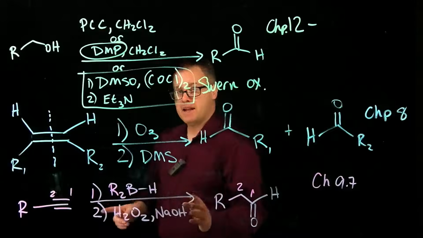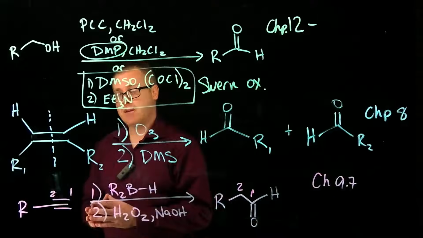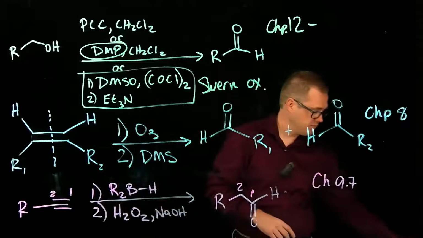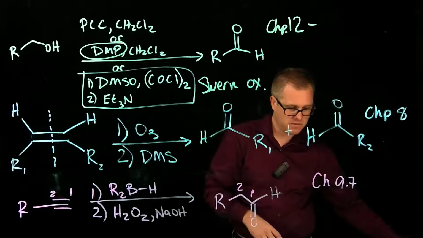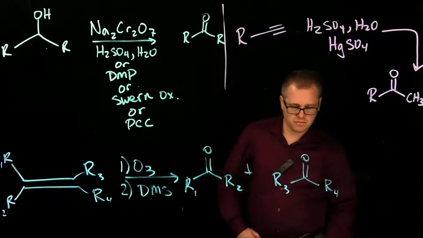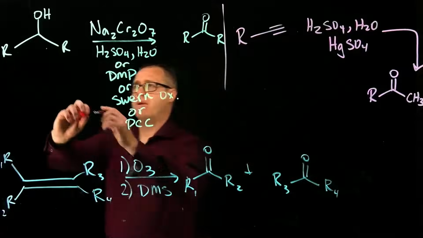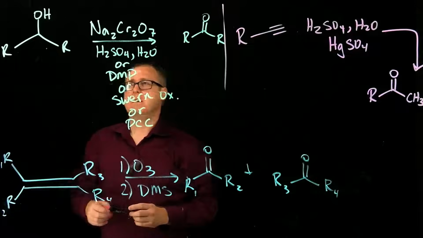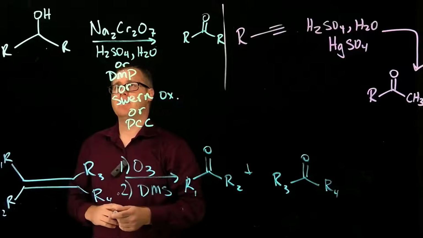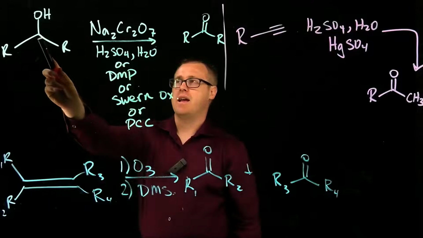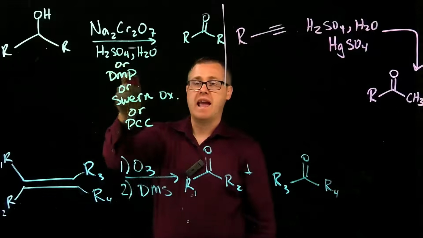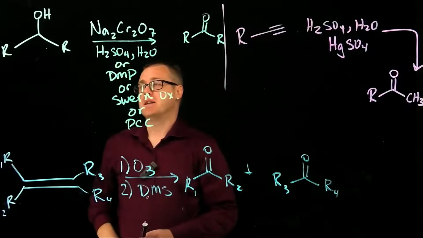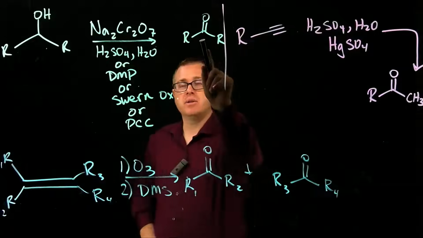So next, I'm going to show you ways that we've learned in Orgo 1 how to make ketones. So now we have a secondary alcohol. If you take secondary alcohols and treat them with the chromic acid combination right here, it will oxidize that alcohol into a ketone.